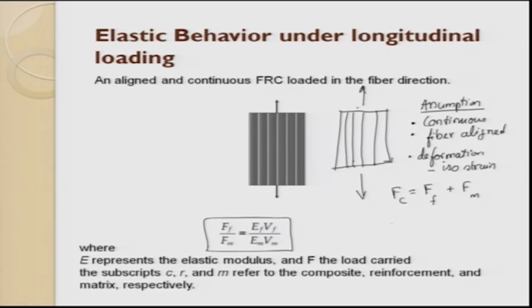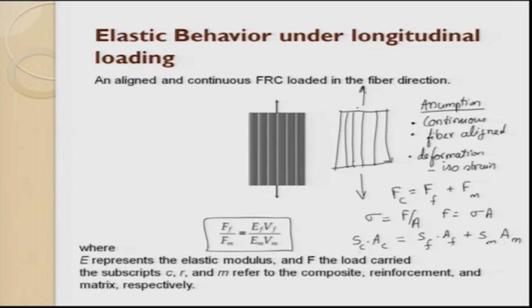So this F can be written in terms of stress. Stress is nothing but F by A, force per unit area. Hence F equals sigma times A. So now we know that SC into AC is nothing but SF into AF plus SM into AM.